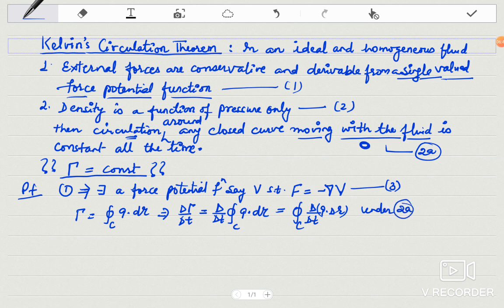Okay, so d gamma dt is d dt of q as such, dotted with dr, plus q as such, dotted with d dt of dr.